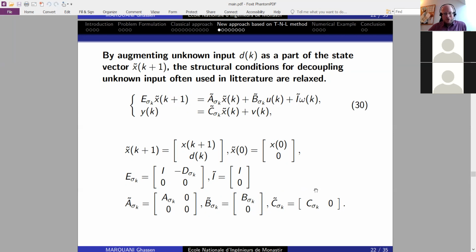An alternative would be to introduce a zero block in the upper right part of the matrix E and a non-zero block in the upper right part of the matrix A tilde. Would this make a difference concerning, let's say, observability or solvability of your LMIs, or would this be equivalent?